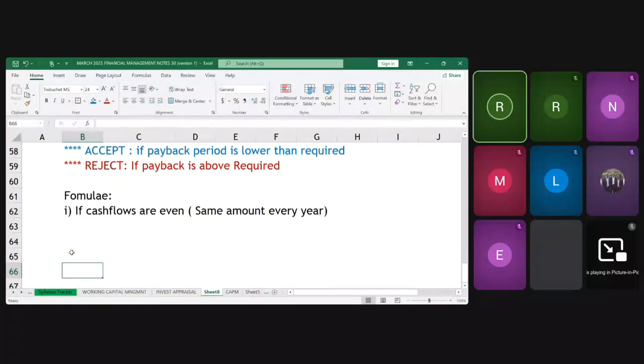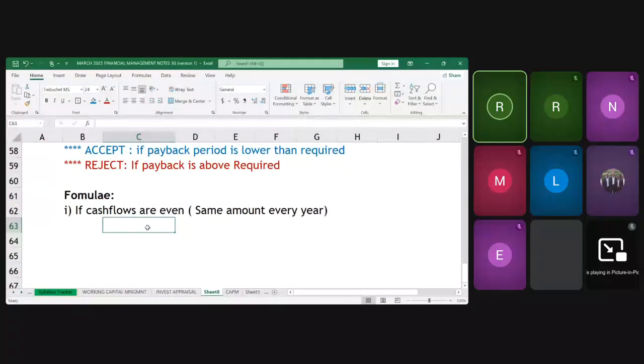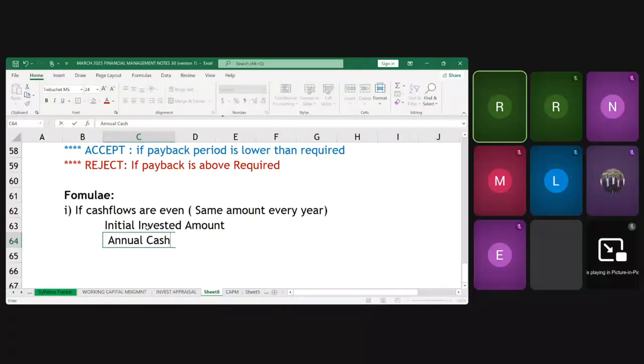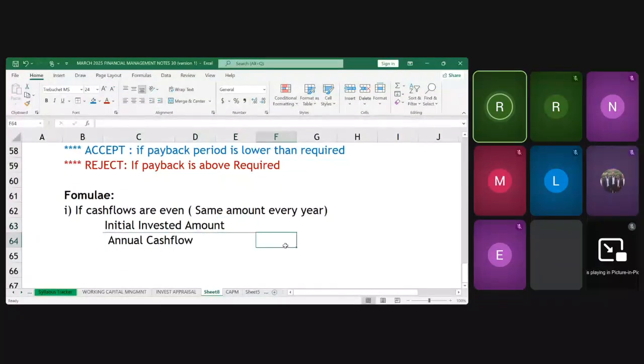How are we going to calculate the payback period? The formula is equal to the initial invested amount divided by the annual cash flow. All right, that is the formula there.